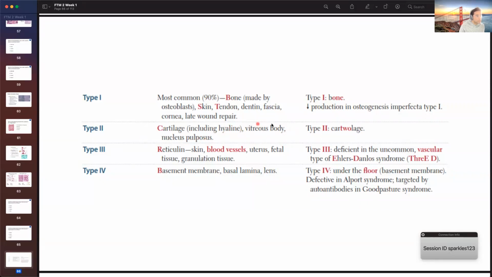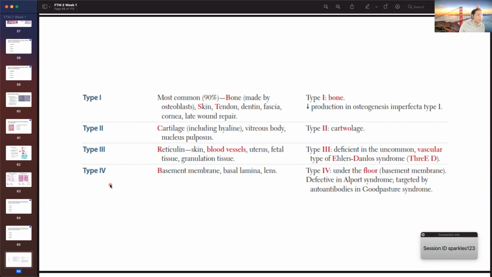These are important. These words might seem like some far out magical spell, but they're not. They're going to come back, and you're going to learn more about them later. Then there is type 3, reticular, and the pathology associated with it is Ehlers-Danlos. We're going to cover that with you guys. It's a connective tissue disorder, and the key hallmark sign that you're going to see is stretchy skin.